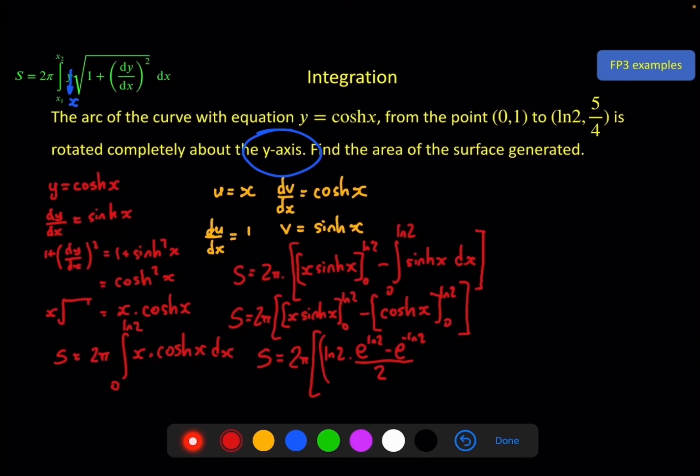So we've got that bit there from the first square bracket, minus cosh of x, so we've got e to the log 2 plus e to the minus log 2 all over 2, and that minus cosh of 0 gives us e to the 0 plus e to the 0 over 2, which is a 1.